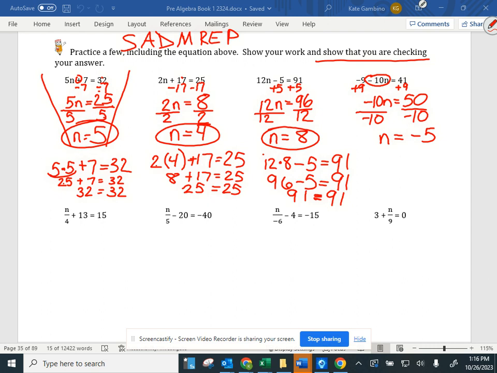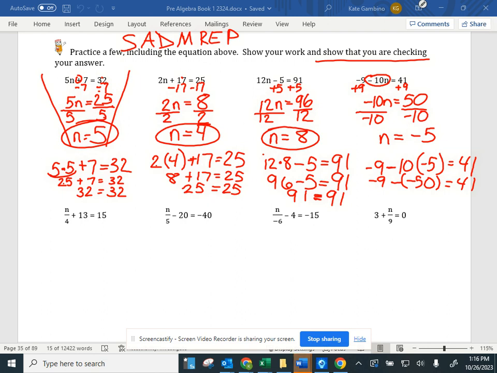So let's put that into our equation and make sure that we did this correctly. So first I'm going to do my multiplying. And I've got 10 times negative 5 is negative 50. So I've got negative 9 minus that negative 50 equals 41.